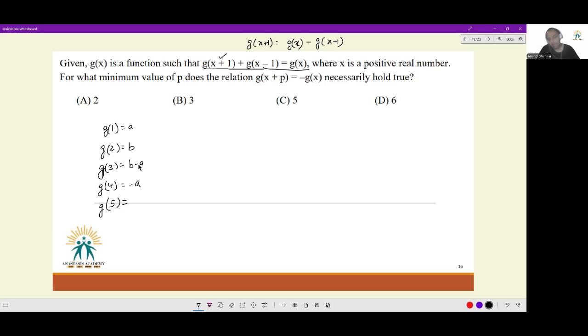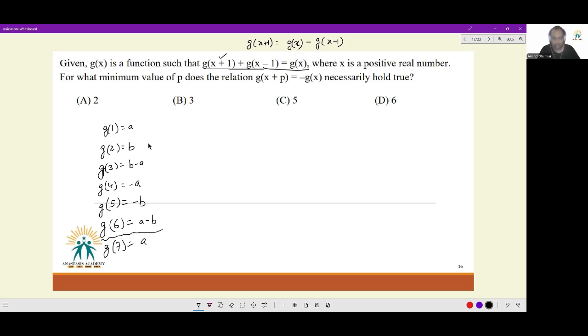Minus a minus b plus a, so it becomes minus b. And g6 will be equal to what? Minus b minus a, which will turn to a minus b. Then g7 will turn to a.